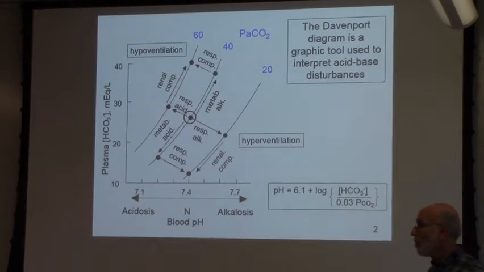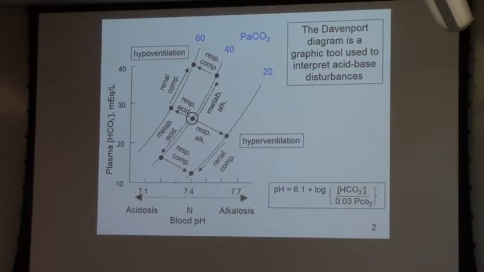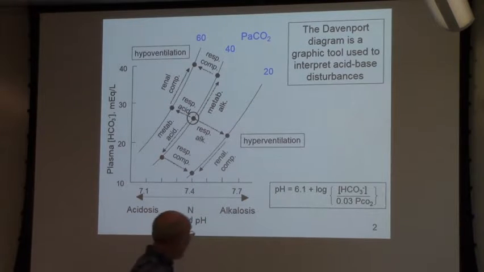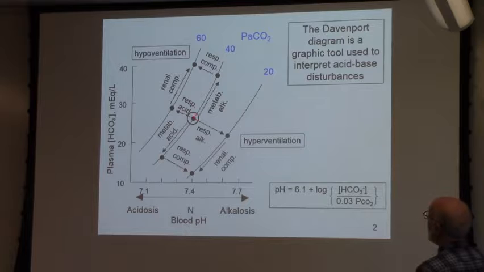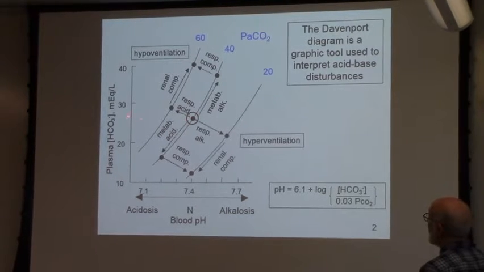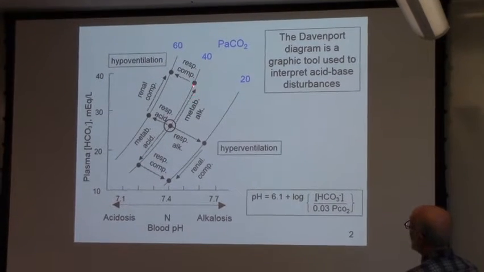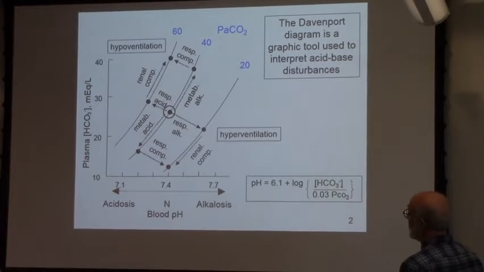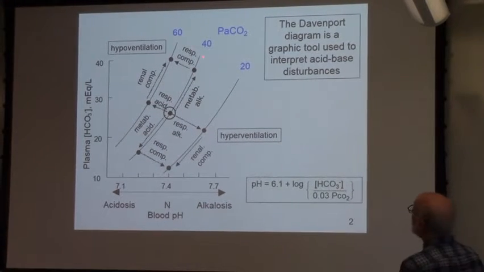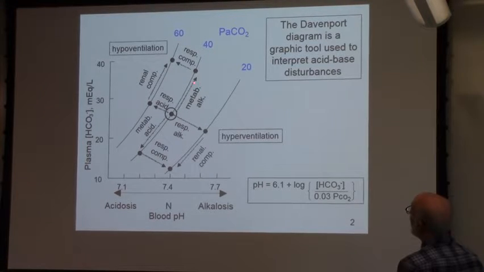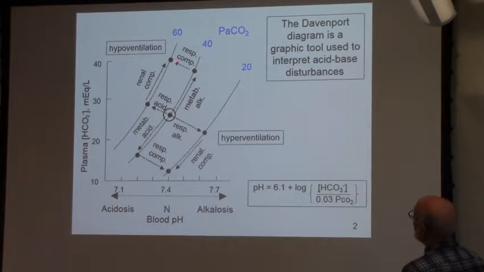We start, the normal point is at a pH of 7.4 and a bicarbonate concentration of 26 or so. Metabolic alkalosis, metabolic acidosis, but because we're at a normal PCO2. Respiratory compensation for the metabolic alkalosis is trying to normalize the pH. Metabolic compensation for respiratory acidosis is trying to normalize the pH.